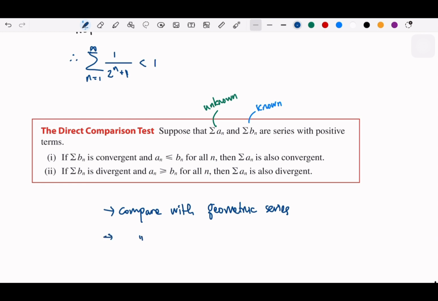We can also compare with a p-series. The geometric one is this one, and the p-series is 1 over n to the power of p, and we can set p to be greater than 1 or less than or equal to 1. If we set it to be converged, then this will be the one. This is the diverged one.